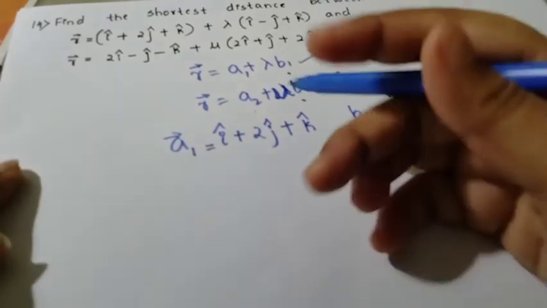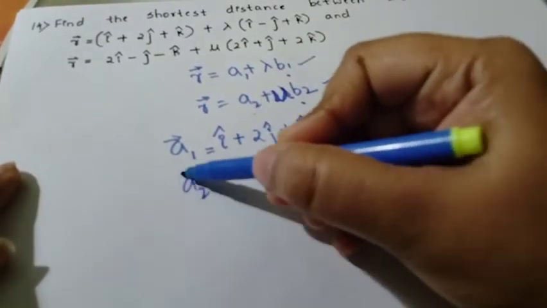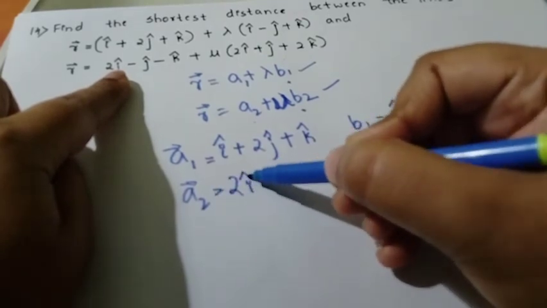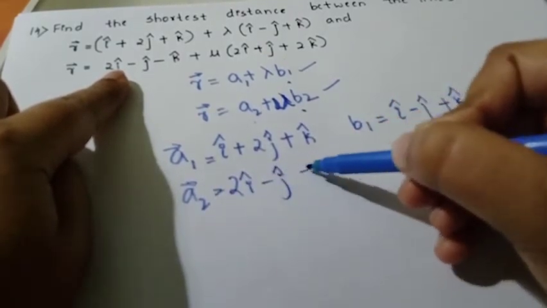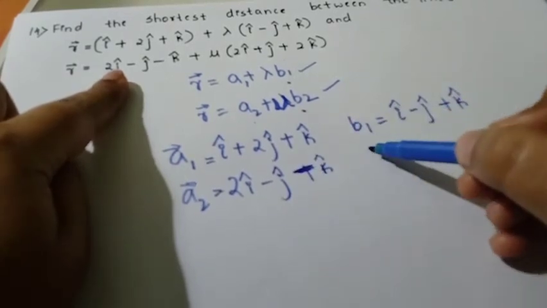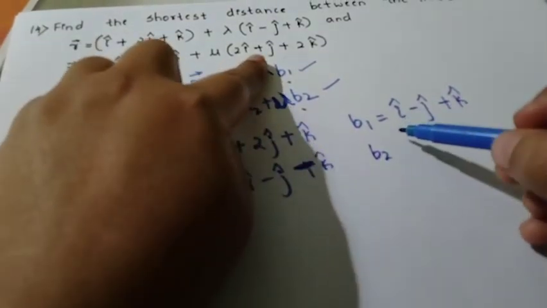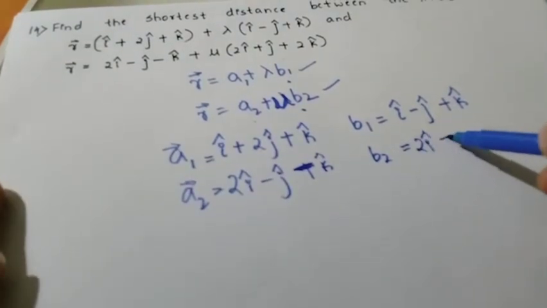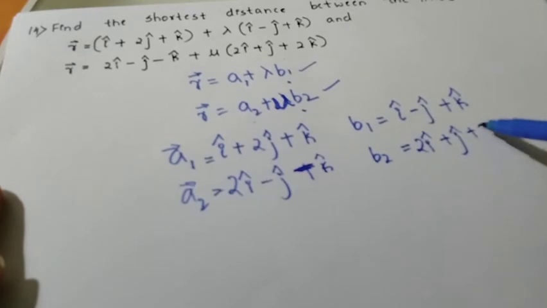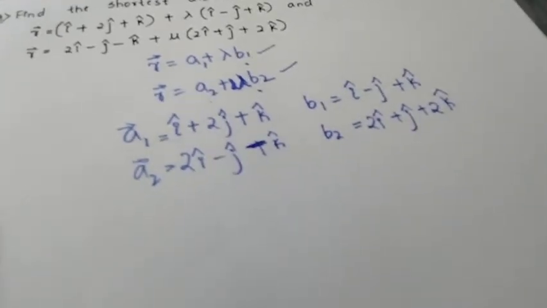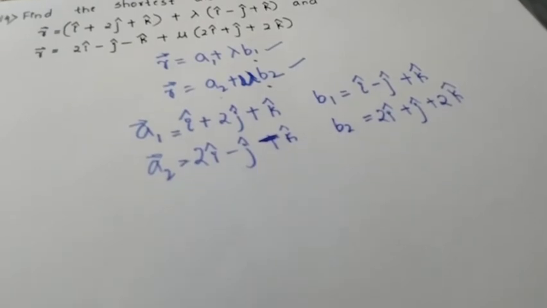Next I write A2 value, vector A2 will be this one, 2i cap minus j cap minus k cap. And B2 value is 2 times i plus j cap plus 2 times k cap. So all the values I have written: A1, A2, B1, B2.